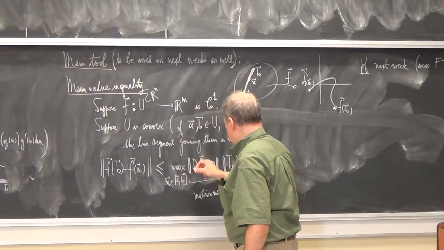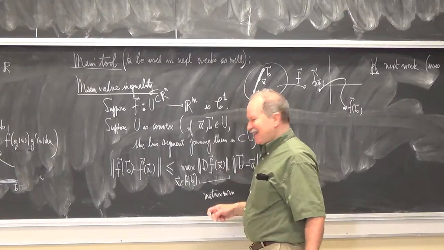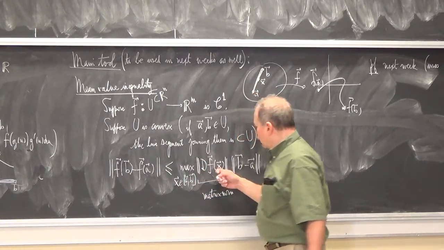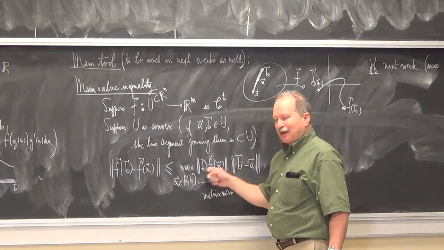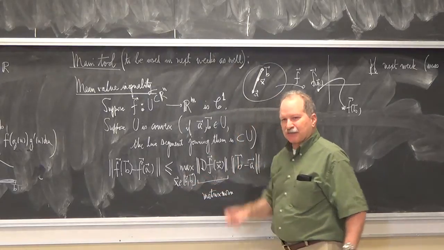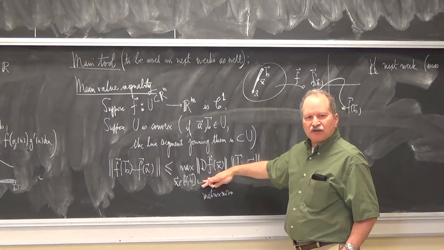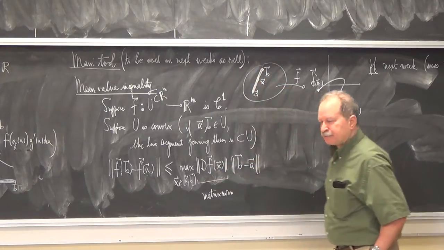Of this. Isn't norm already max? Yes. But I'm taking it over all the x's. So, yes, the norm of a fixed matrix is a max, but then I'm saying do it for all the x's in the line segment. So this is the maximum amount the derivative of f is stretching at any point on that.